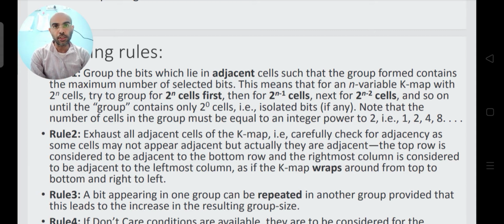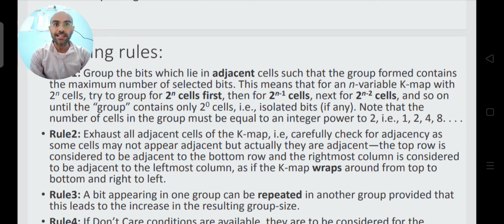As I have already told you, two cells will be called adjacent if there is one bit change. If there are two simultaneous changes, then you cannot call the two cells adjacent. So to form a group of any number of cells, you have to check the adjacency. If two cells are adjacent, then only you can form the group.